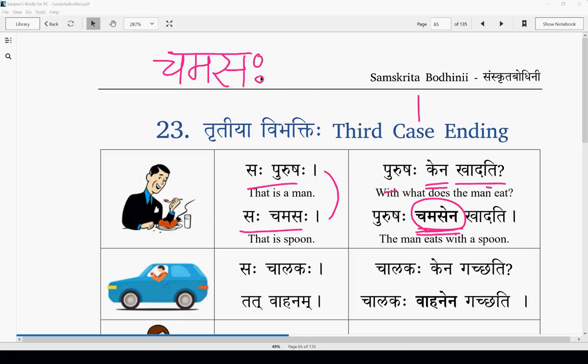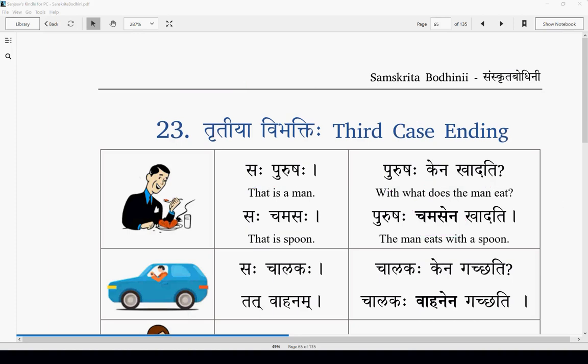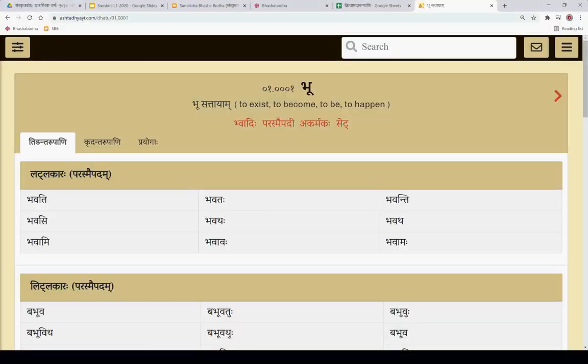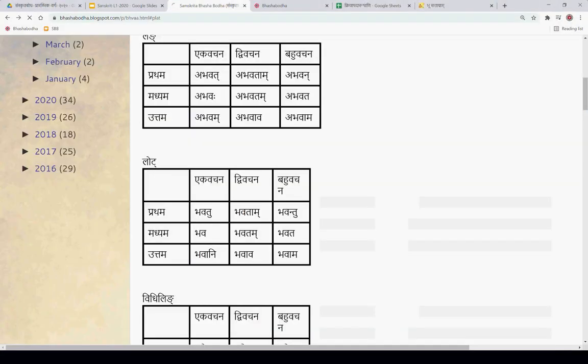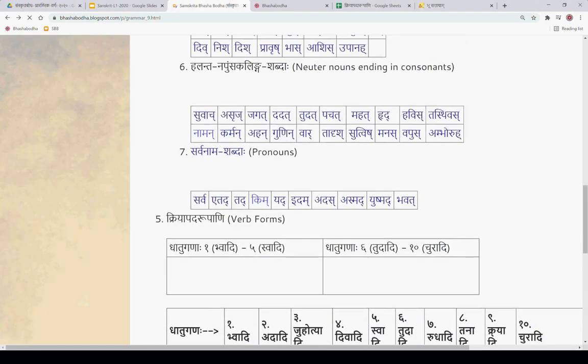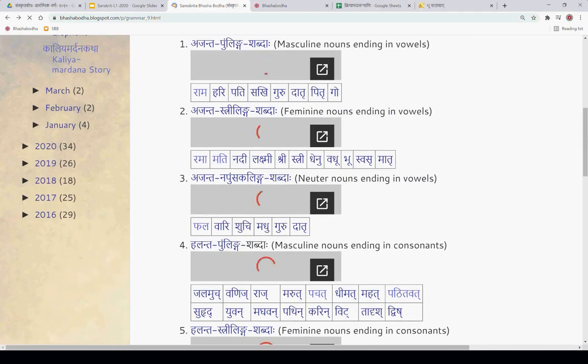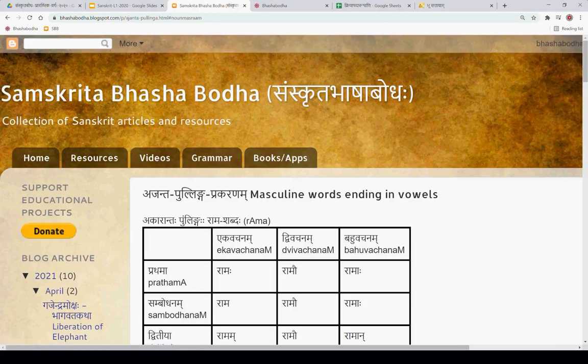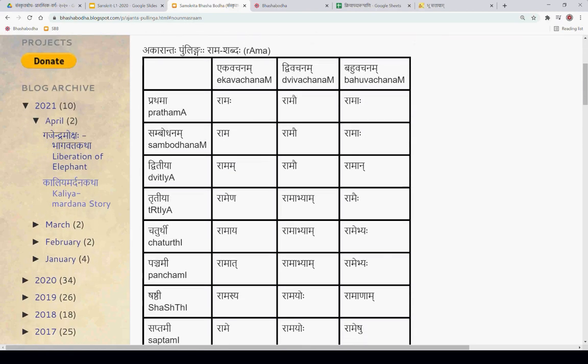Tritiya Vibhakti becomes chamasena. Again, you can look at the Vibhakti table of an Akaranta Pullinga word like Rama. Here you see that Tritiya Vibhakti, Ekavachanam, is Ramena. Chamasa is also like this only, so it becomes Chamasena.